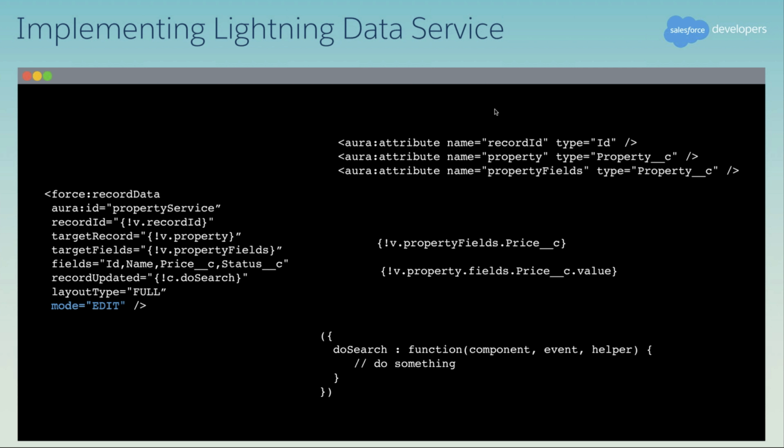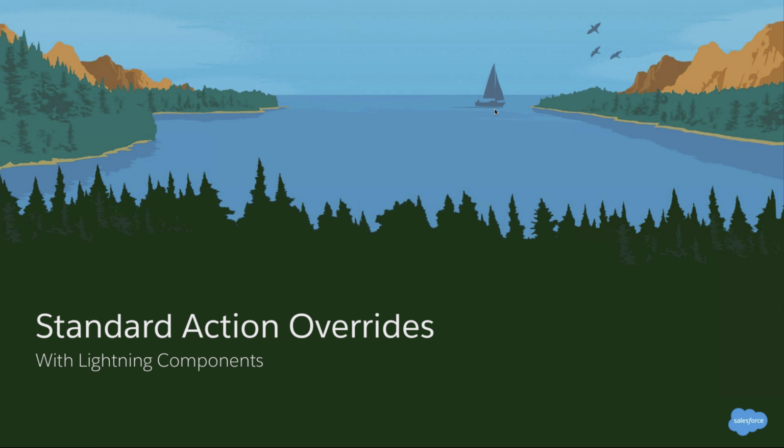Adding mode equals edit says, yes, not only do we want to view the record, not only do we want to watch for changes coming from someplace else, but we also want to have the ability for our component to update the record itself. So that's the anatomy of Lightning Data Service and the force record data object.